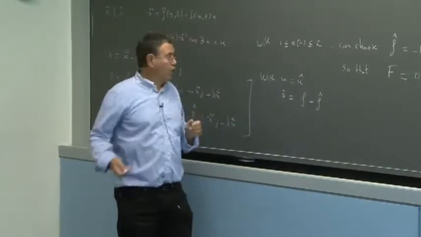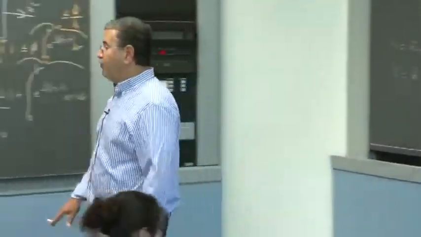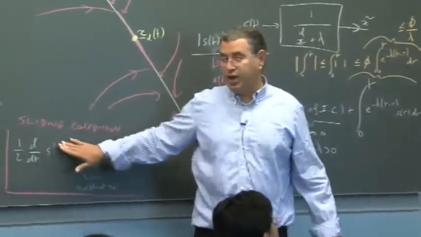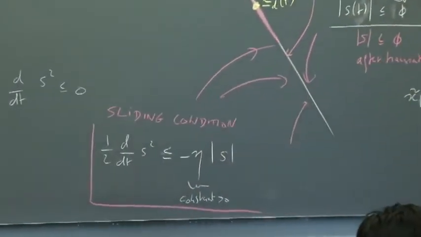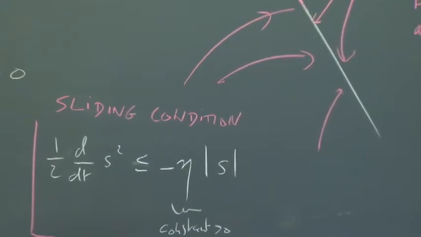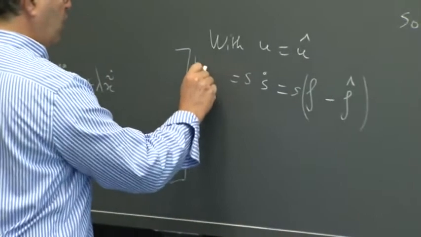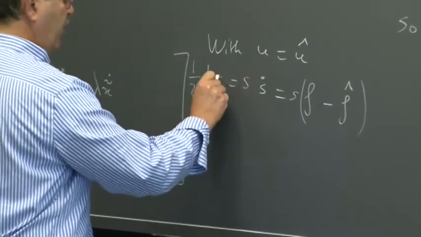Now, if we compute 1/2 of d over dt of s squared, we get s times s dot.